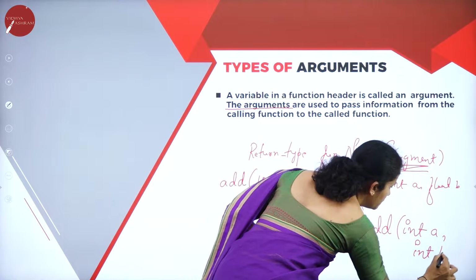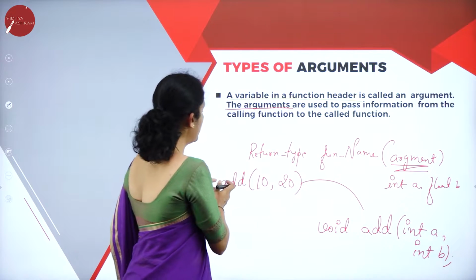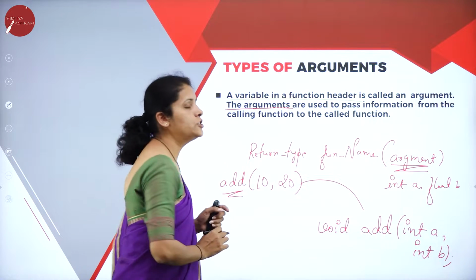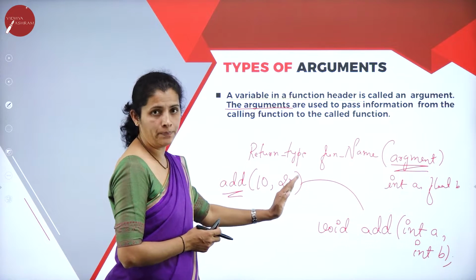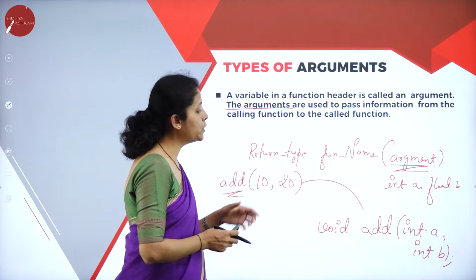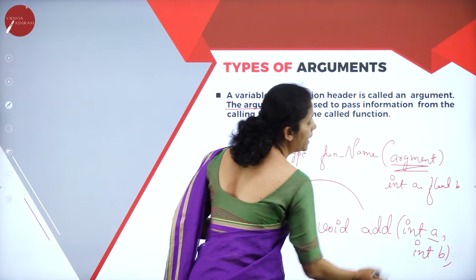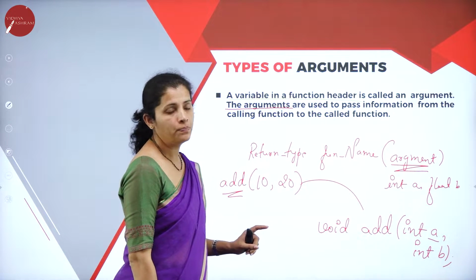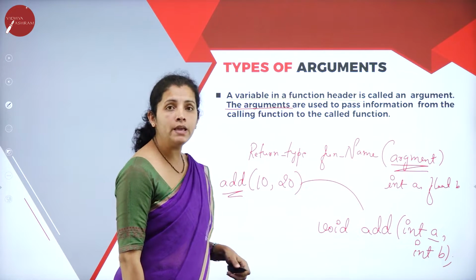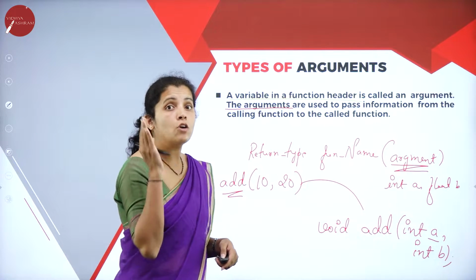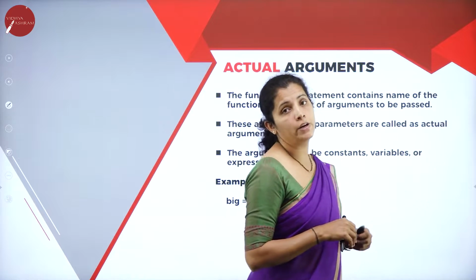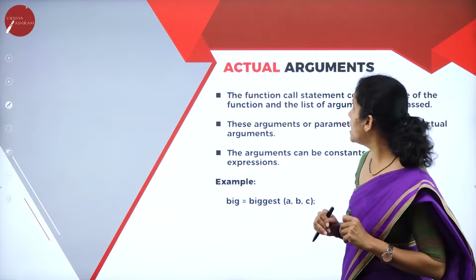When I call this add function, along with that I'm going to pass 10 and 20. Now, these 10 and 20 are held by A and B. So here, A and B are the arguments. And these arguments are classified into 4 different types.